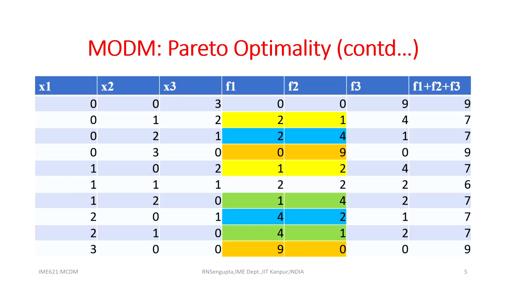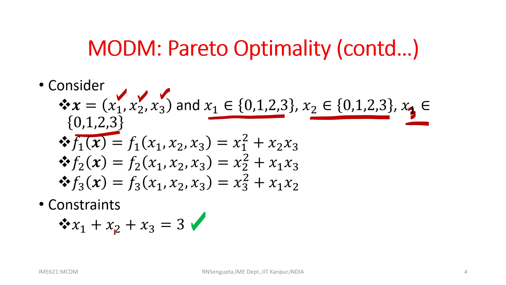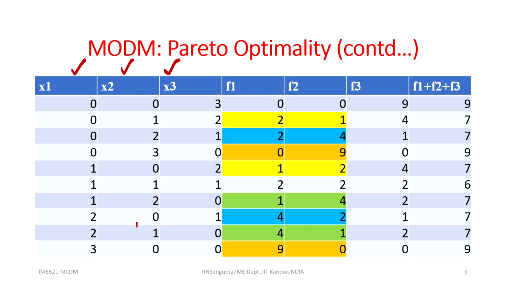Based on that, considering the sum is 3, we have this set of values for our analysis. The first, second and third columns are the corresponding values of x1, x2, x3, such that the condition is met in all the cases, and they all add up to exactly 3.